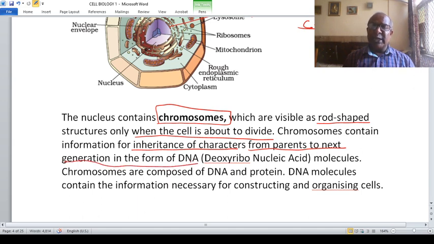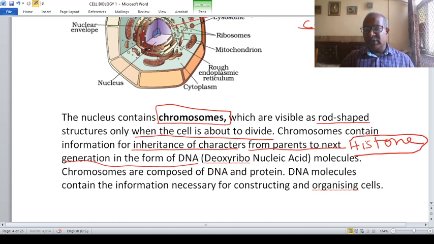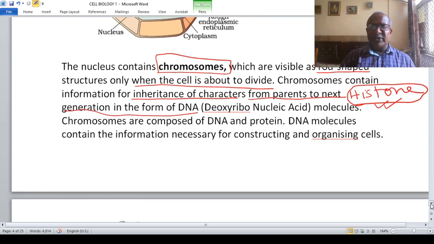So chromosome is made up of DNA and histone protein, and these are transferred from parent to the next generation. The protein found with the DNA is histone. So histone protein is found in the chromosomes, and they regulate the functioning of the cell.